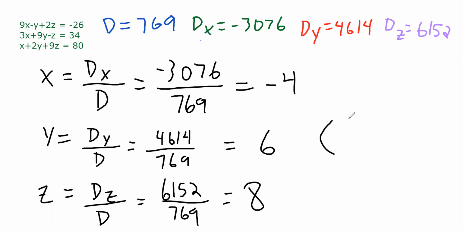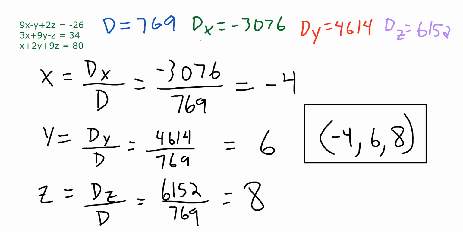We can express this solution as an ordered triple, the x value, then the y value, then the z value. Very good, very good. So we got that one in the bank.